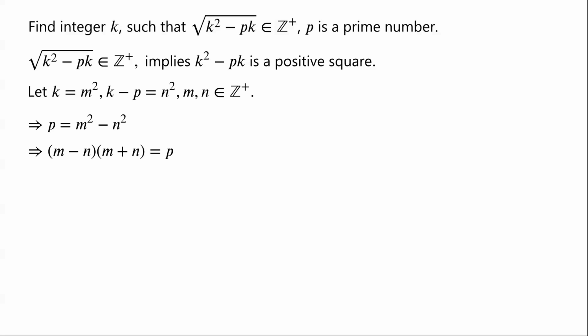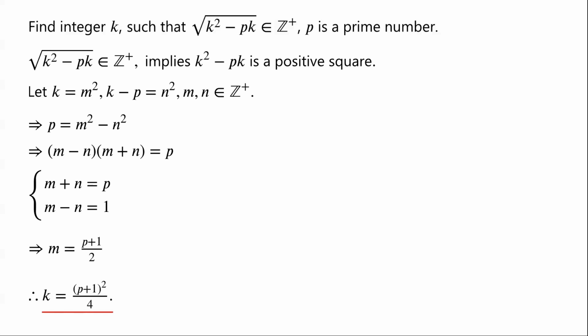So we can now write (m minus n) times (m plus n) equals p. As p is a prime number, and m plus n is greater than m minus n, so we have m plus n equals p, and m minus n equals 1. Add these two equations, we have 2m equals p plus 1. So m equals (p plus 1) over 2. As k equals m squared.